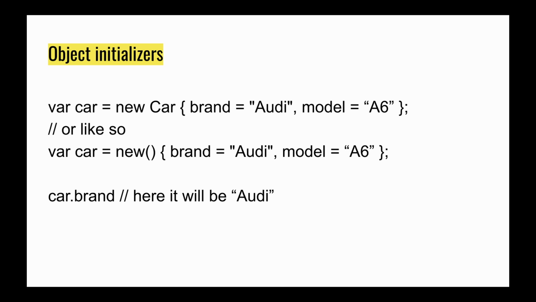Using the object initializer, you could assign values to all available fields and properties on the object at the time of creation. The initializer is executed after the constructor, so if the values of the same fields and properties are both set in the constructor and the initializer, then the values set in the constructor are replaced by the values from the initializer.